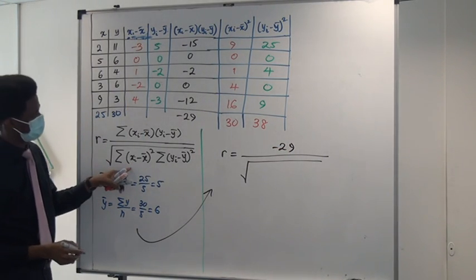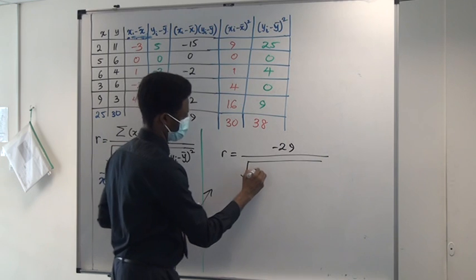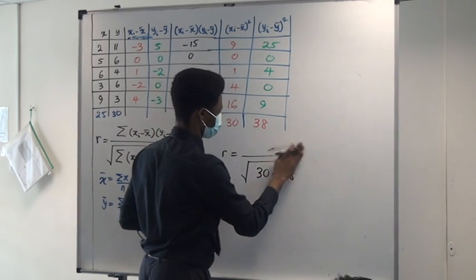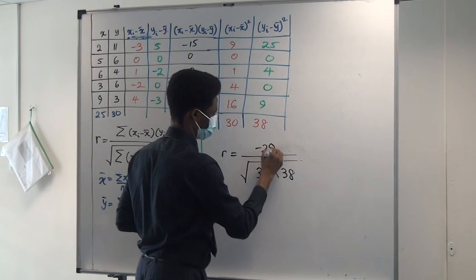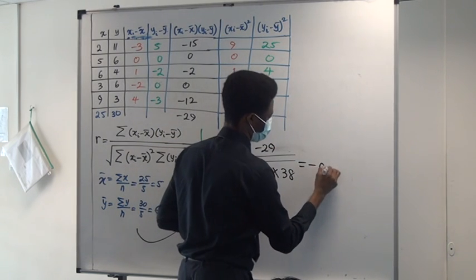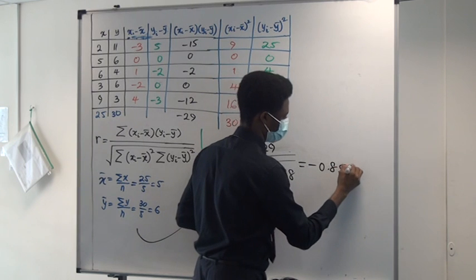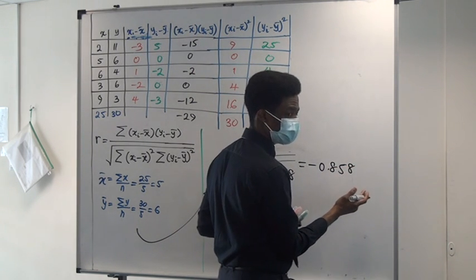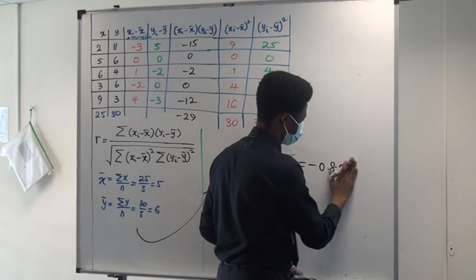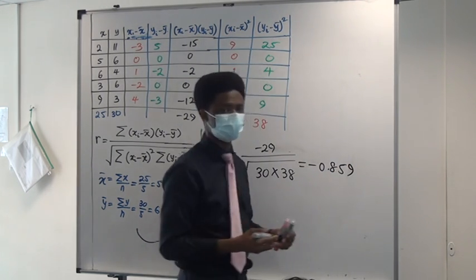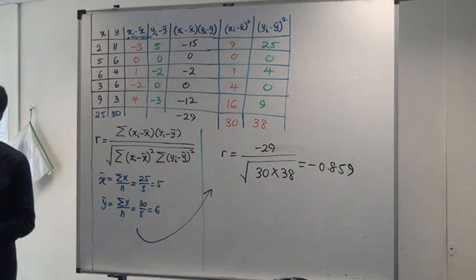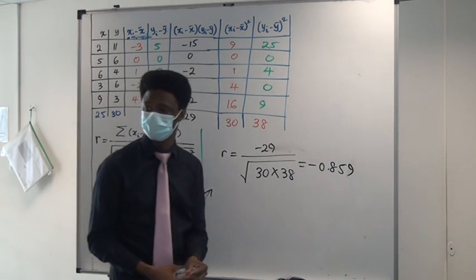And this is 30 times... Can you put that in your calculator and tell me what the final answer is? -0.85. -0.8589. Okay, let's do 0.8589. And that's what the calculator is giving you.